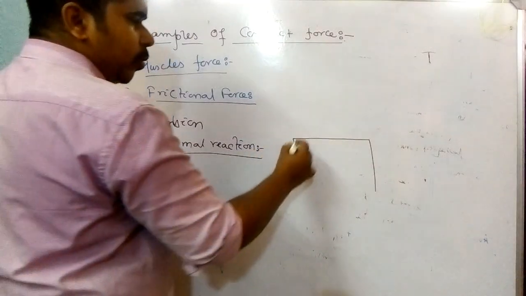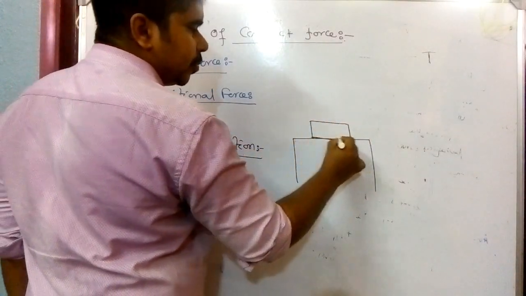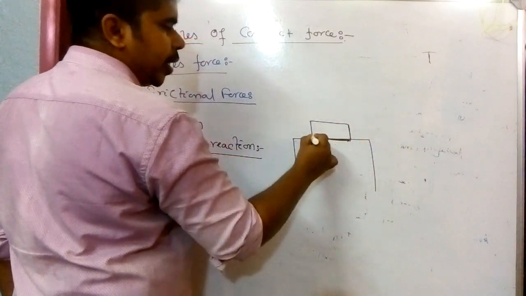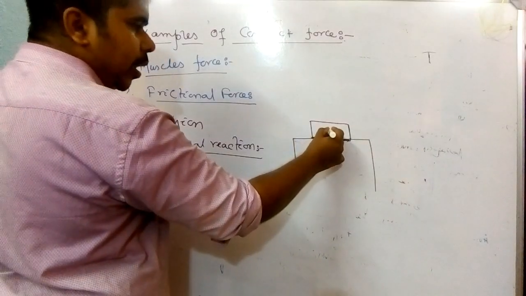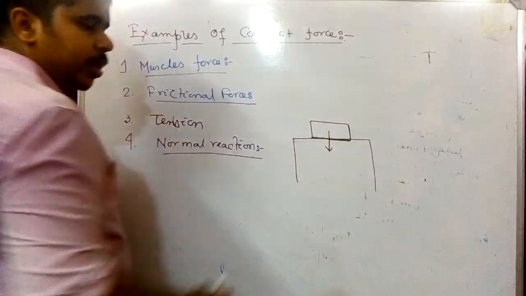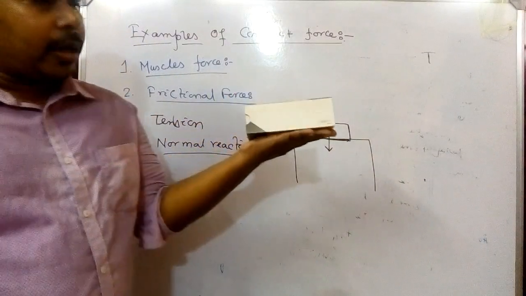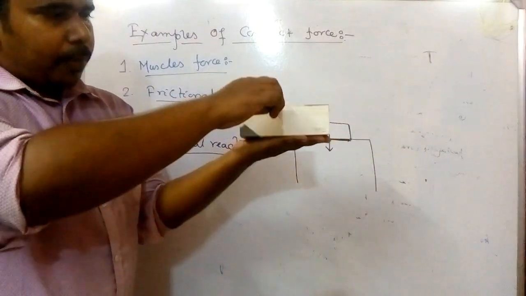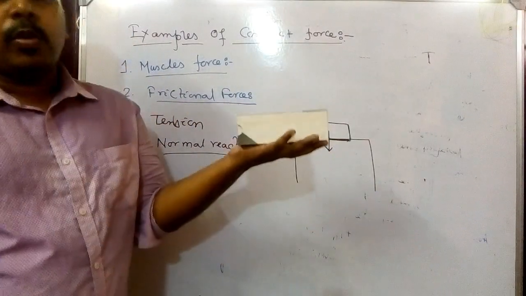Okay, so assume it is a table. Here I have kept a book. On the table the book is kept. So we all know the book is applying a force in the downward direction. Simple thing. If I hold an object in my hand for a long time, it will apply a force downward. So after some time I can't hold it.